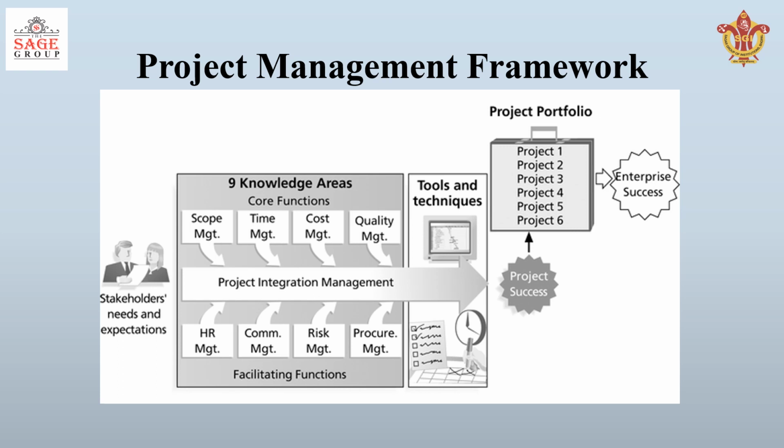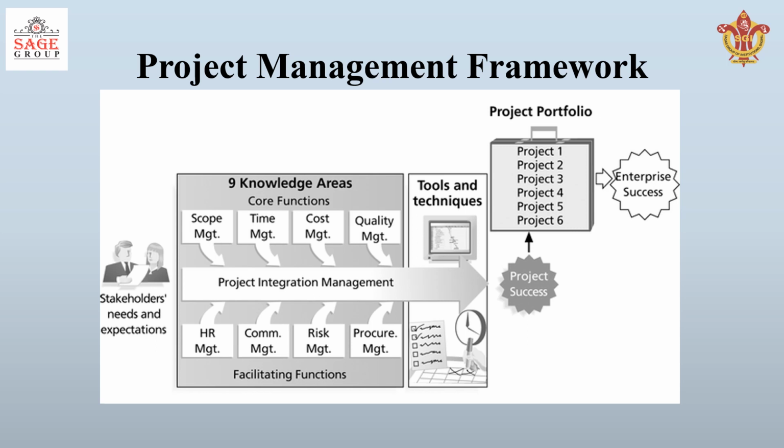We have to keep in mind that the time duration does not exceed beyond a certain limit, or that we have to keep proper control over the time management aspect of the project. The next is the cost aspect, that is, we have to make use of our resources optimally. The next core area is quality management, that is, we need to ensure that quality is being taken care of during the implementation of the project.